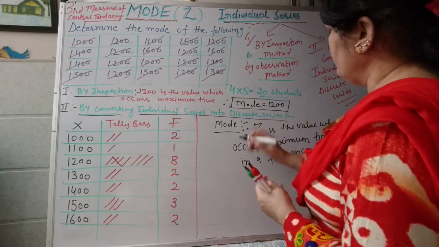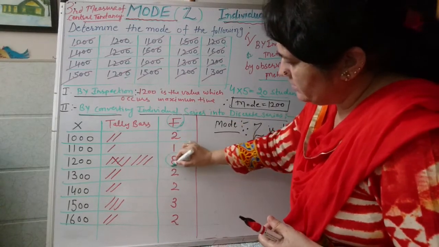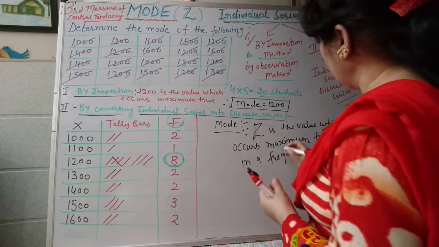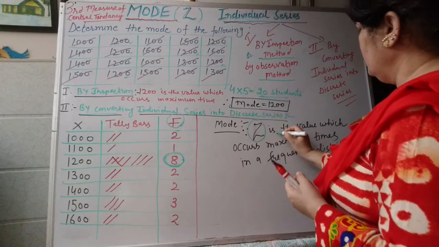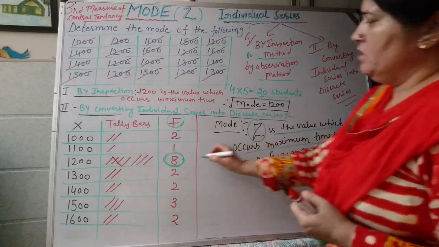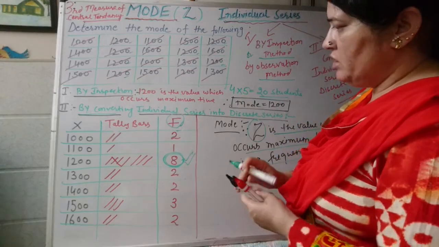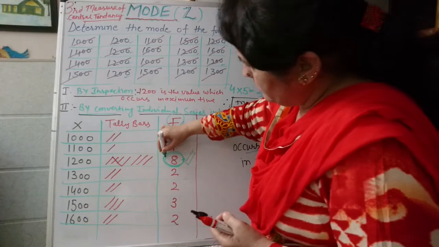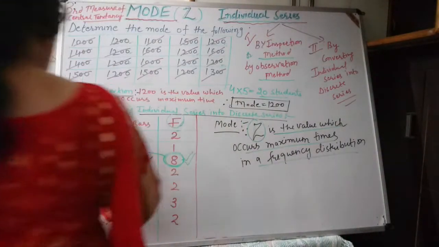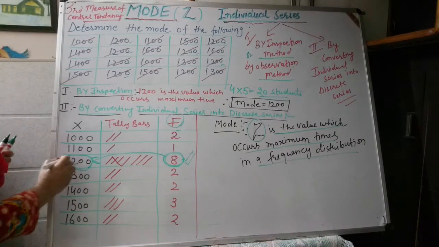Because here this is the frequency distribution, and here 8. Mode or Z is the value which occurs maximum times in a frequency distribution. So this 8 occurs maximum time in the frequency distribution, and against it the value of mode will be 1200. So 1200 will be the value of Z is equal to 1200.